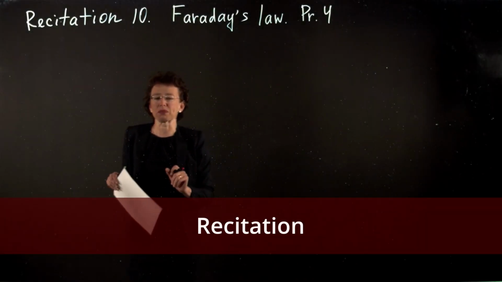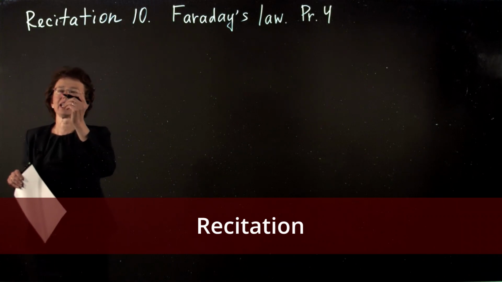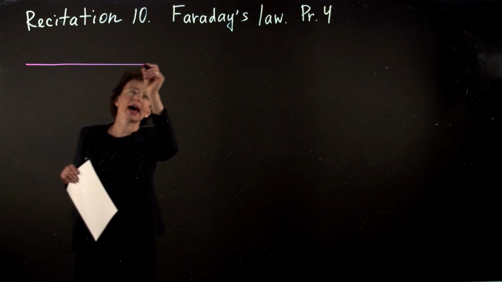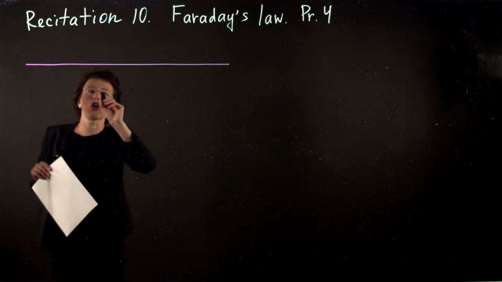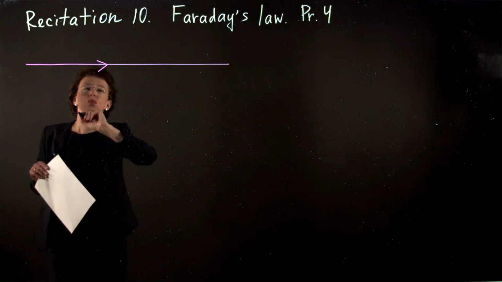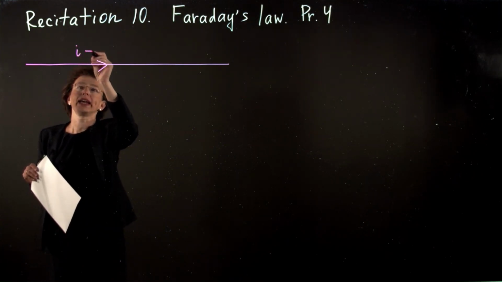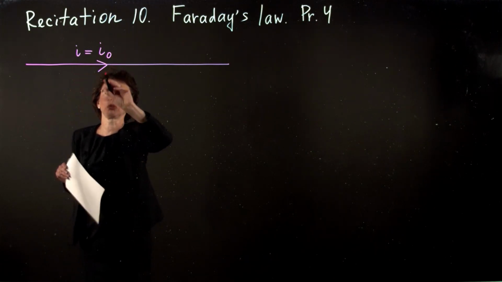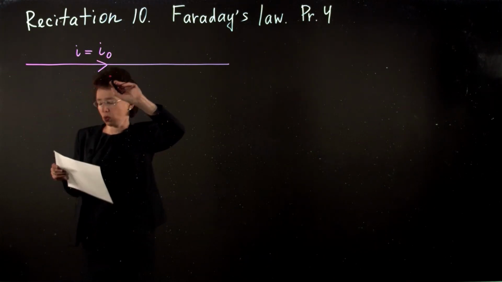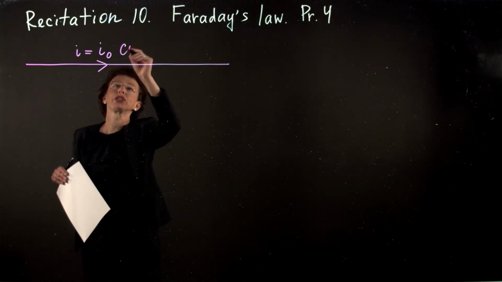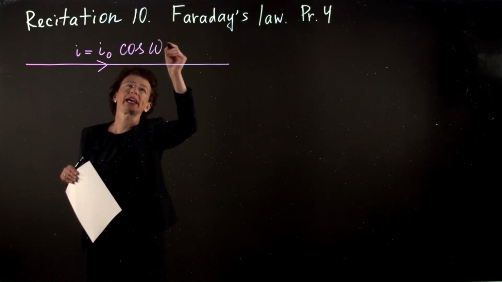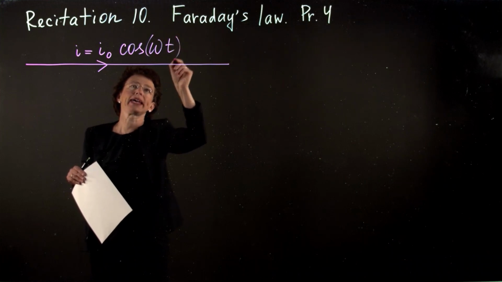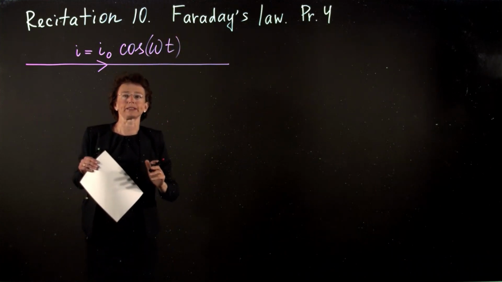Our next problem will be a little bit different. This time we will have an infinitely long straight wire with current I, and this current I will be changing in time. It will be equal to I naught, which is constant, times cosine omega t, where omega is also a given constant.